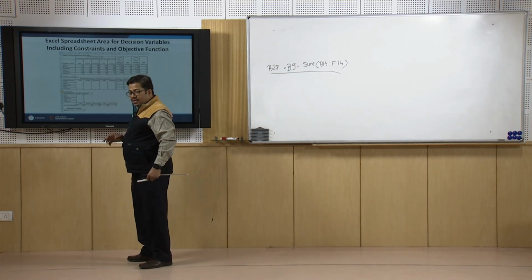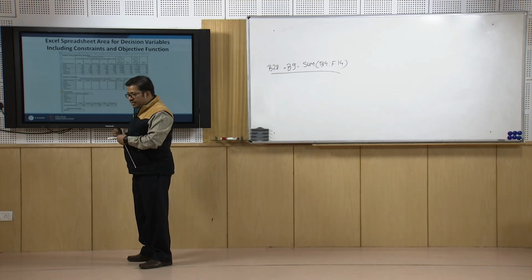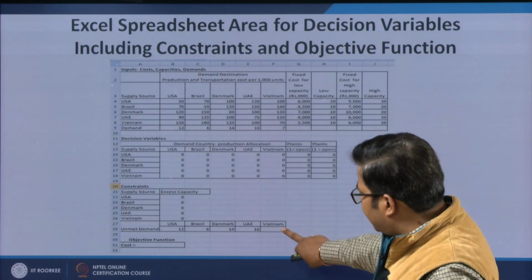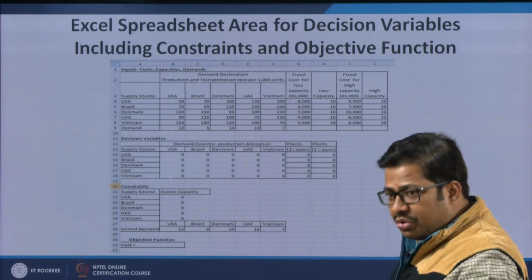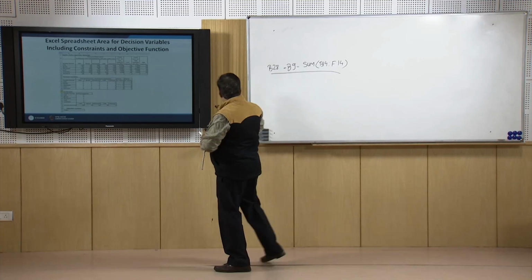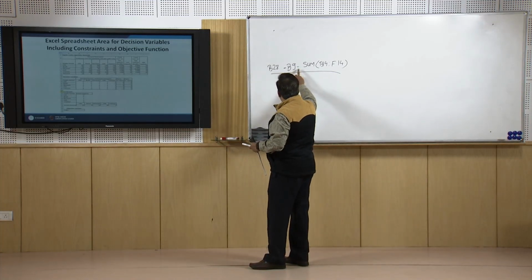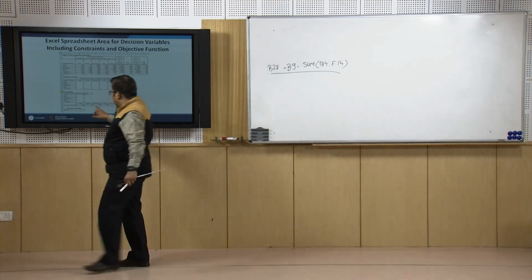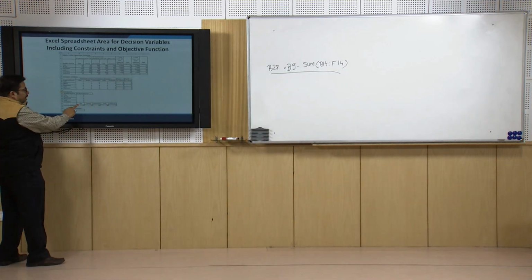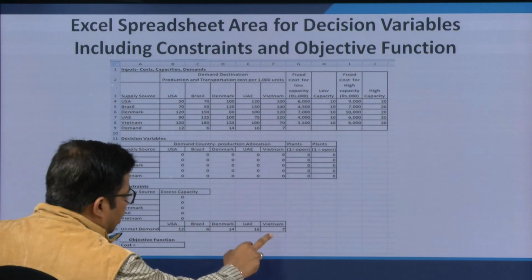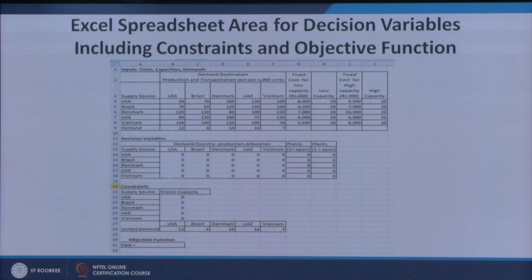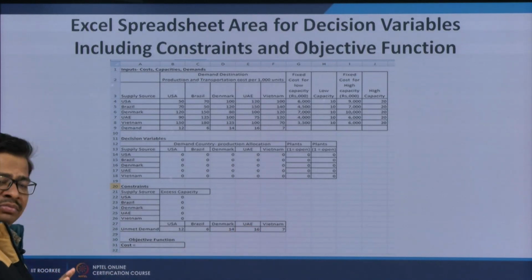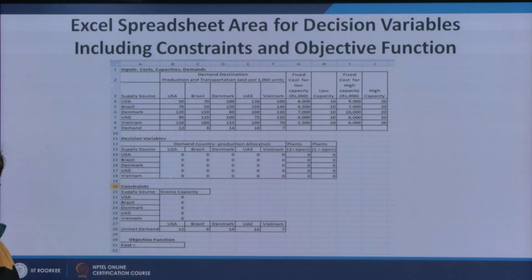I request all my participants of this course that for these values 6, 14, 16, 7, you just need to copy this formula, B9 minus sum B14 to F14, from B28 to F28, and automatically all these values will appear: 6, 14, 16, 7.